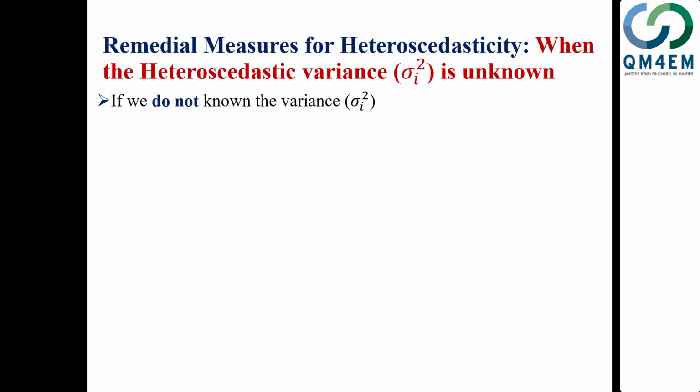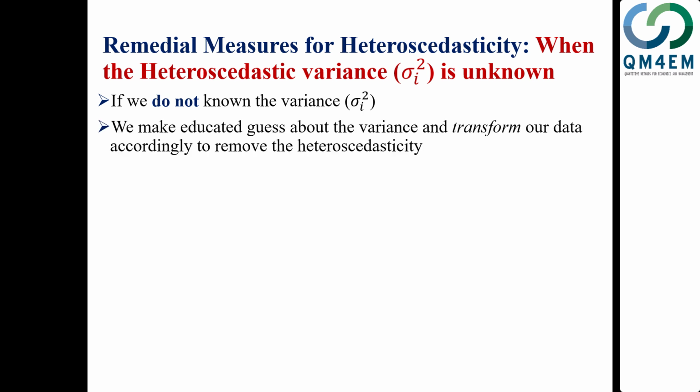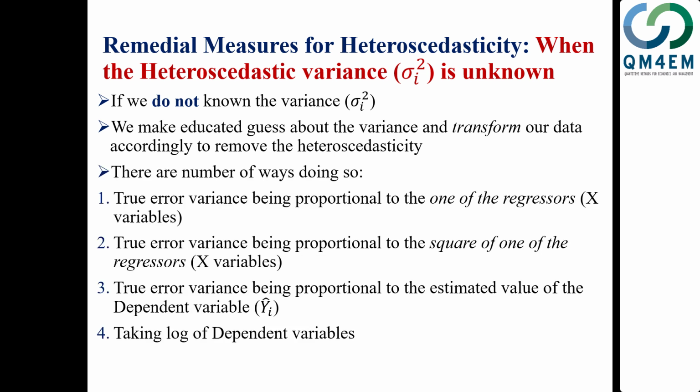In that case, we need to have some idea about the variance so that we can use that guess for transforming our data. So we can make a number of guesses, and on a trial and error basis we can transform our data to homoscedastic variance data.